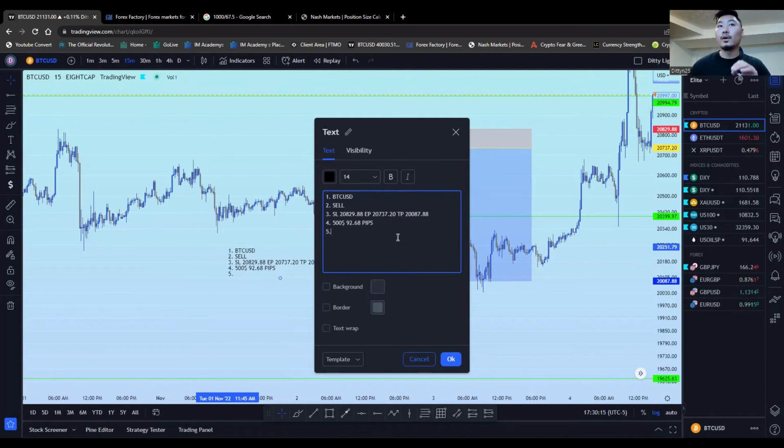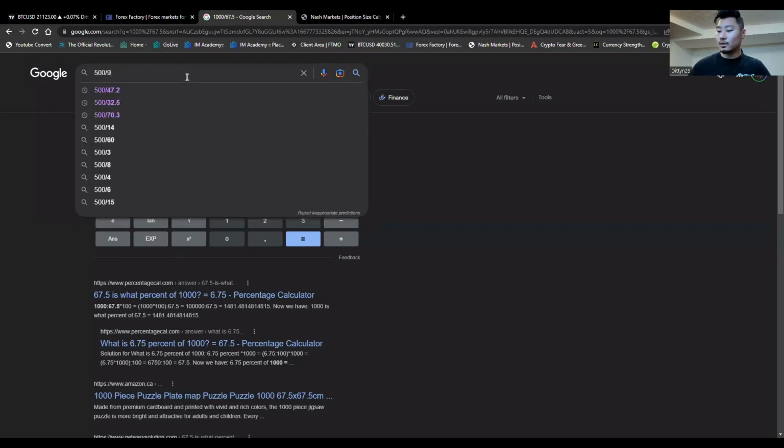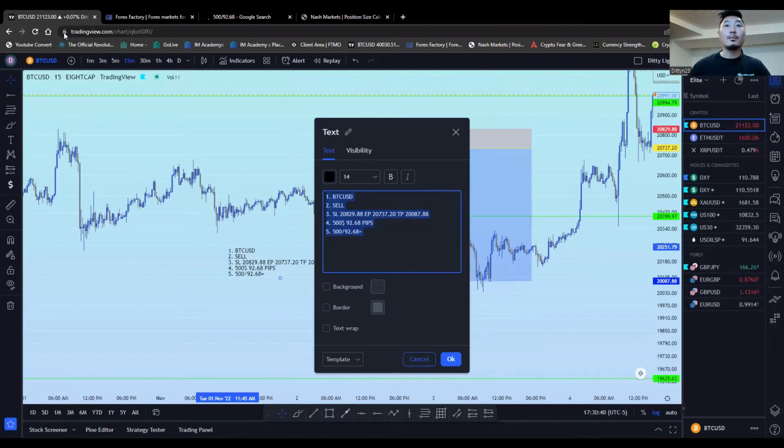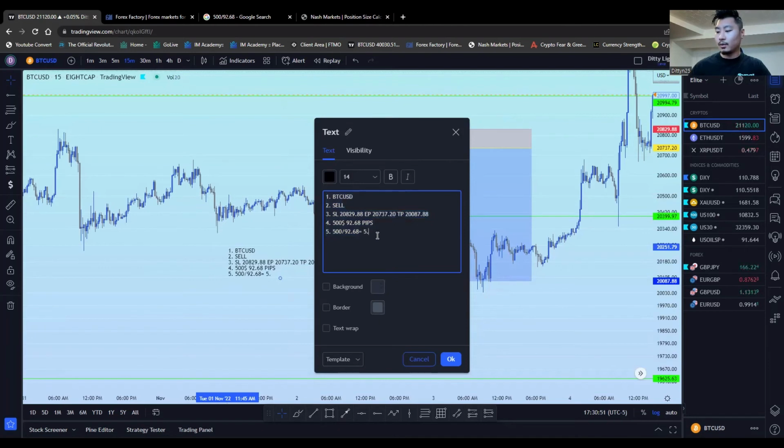So specifically for FTMO, if you're trading on FTMO, not another broker, it's really simple. You just do 500 divided by 92.68. Always double check. That's 5.39. So 5.39 is the lot size. Boom, you don't need to divide it by 10.